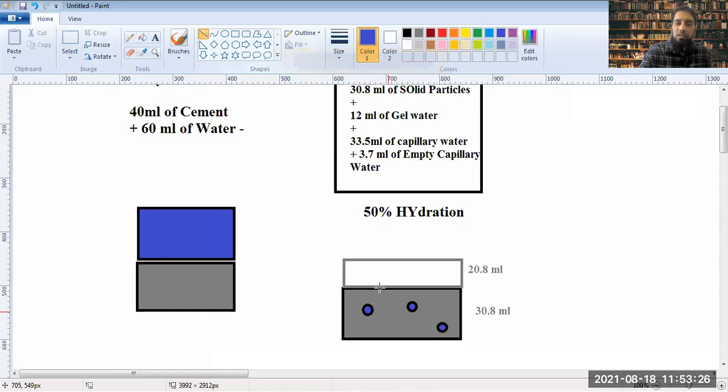So you have capillaries going through and through the cement, and it's filled up with water. And there are certain capillaries which are not filled up with water. That's 3.7 ml. So there will be small capillaries, and these will be without any water in between these.